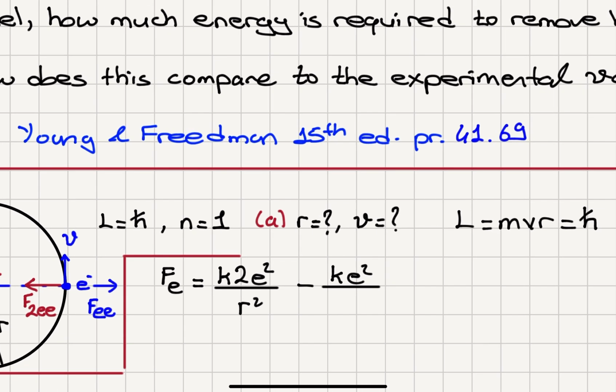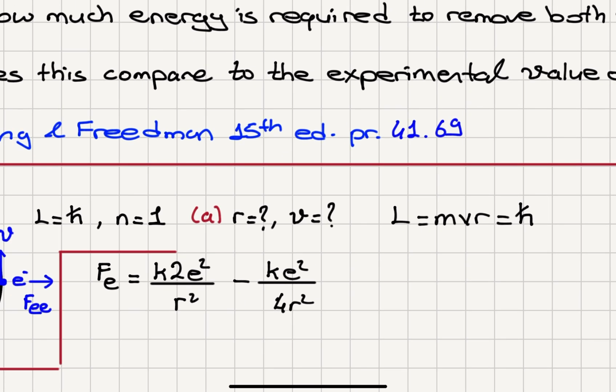So (2r) squared, that's 4r squared. And this must be equal to the net centripetal force, which is mass times the net centripetal acceleration, mv squared over r. And you can see that one of the r's disappears.